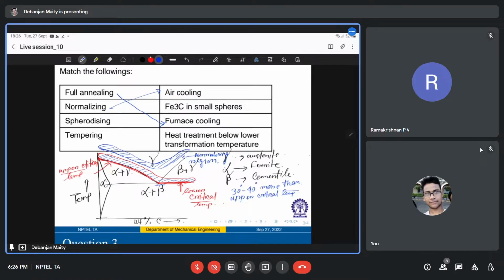Somewhere at the lower side of the upper critical temperature, here you have your spheroidizing region.